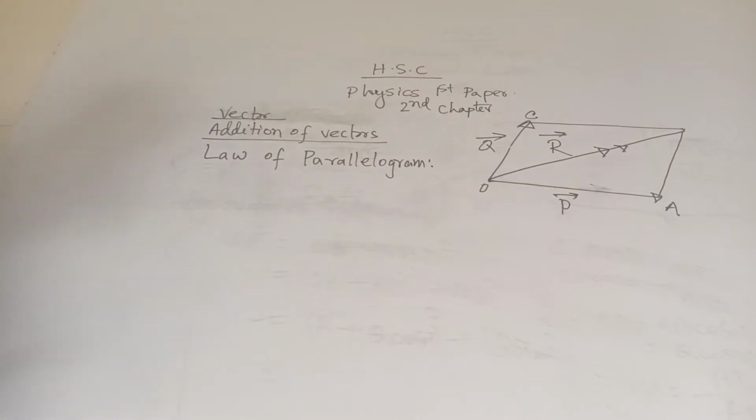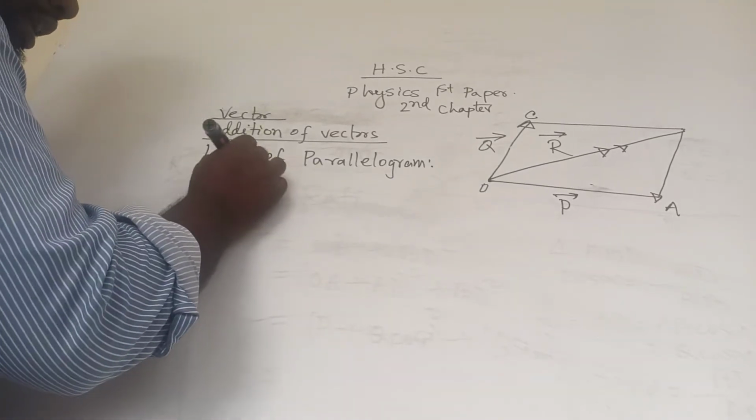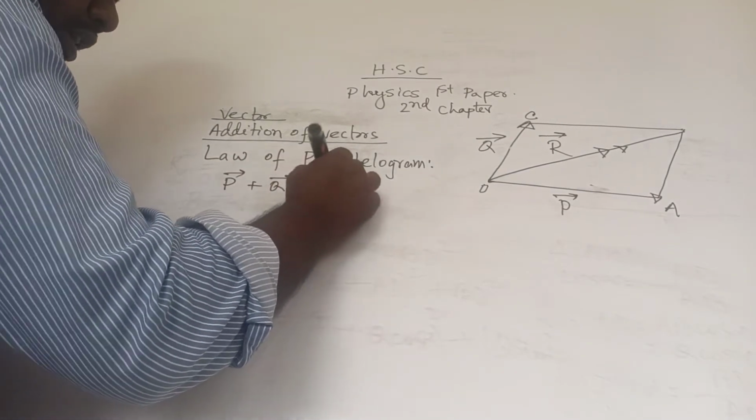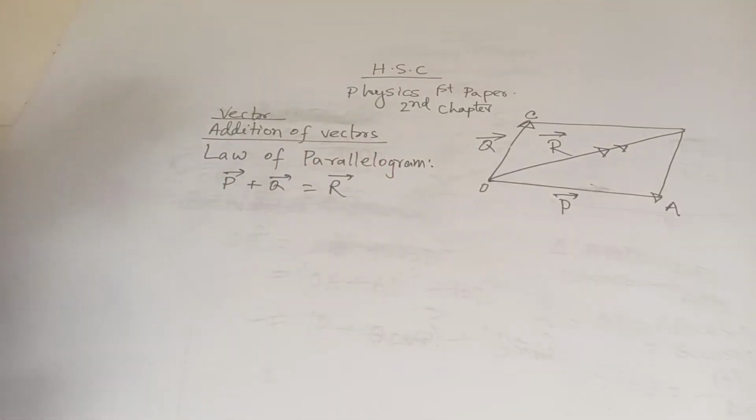Got my point, dear students? So that means if you add P and Q vectors, you will get R vector.